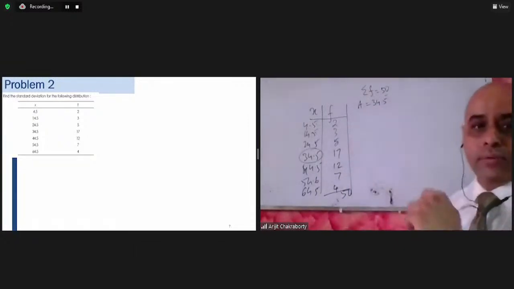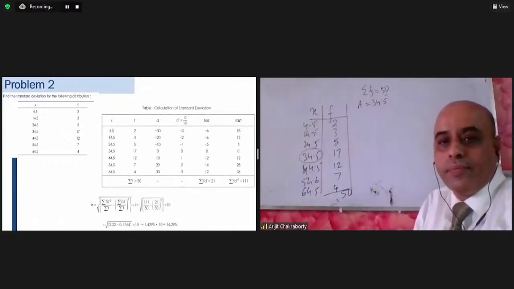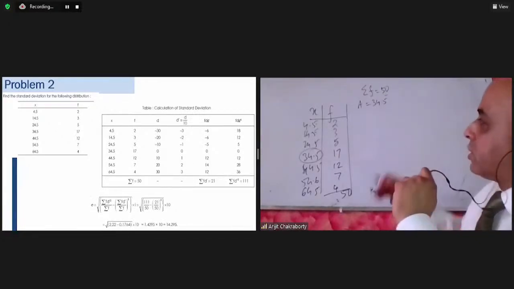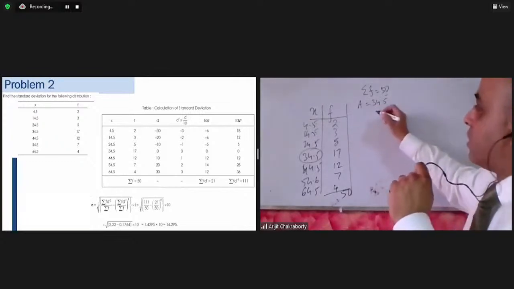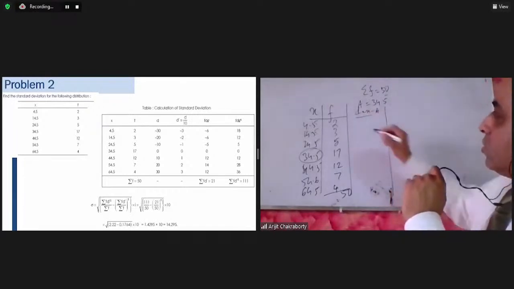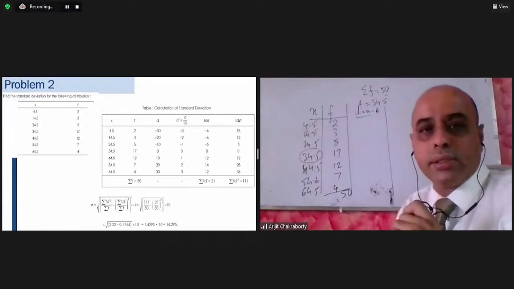Now let us find out the deviation d. We will take d, that is x minus assumed mean. So 4.5 minus 34.5 becomes minus 30.